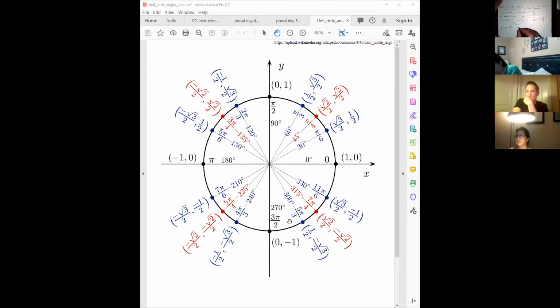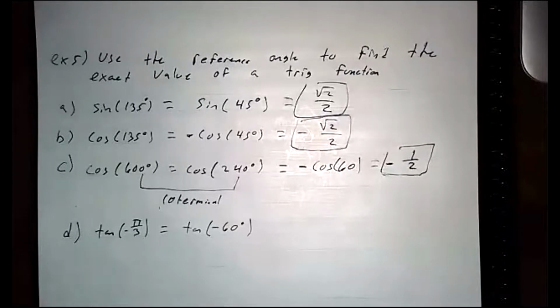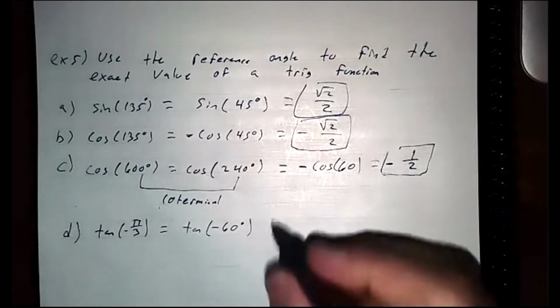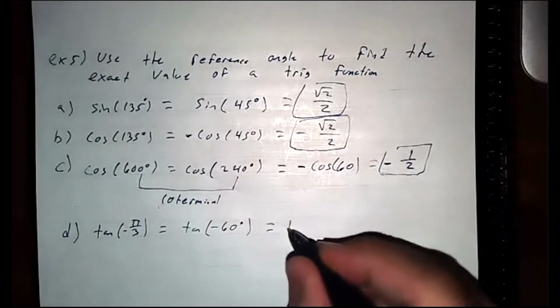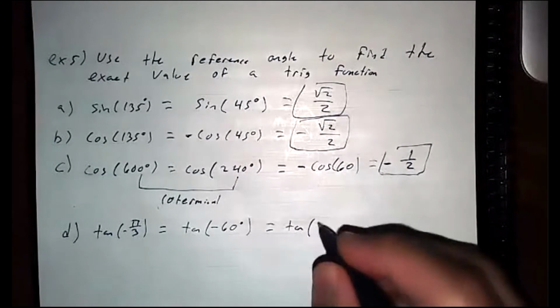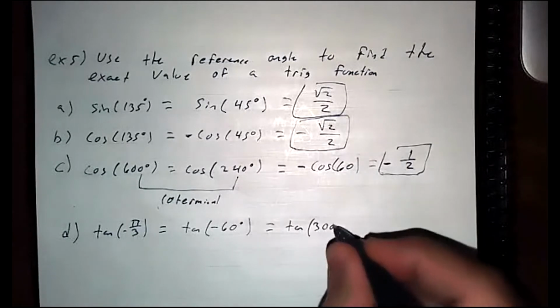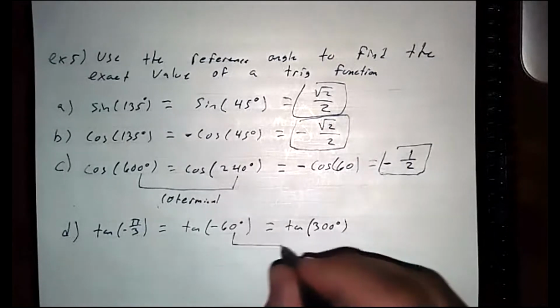That's the same as tangent. I'm going to change it to degrees just so it's more obvious for this question. All right. So we have tangent of negative 60. So the coterminal would be tangent of 300.